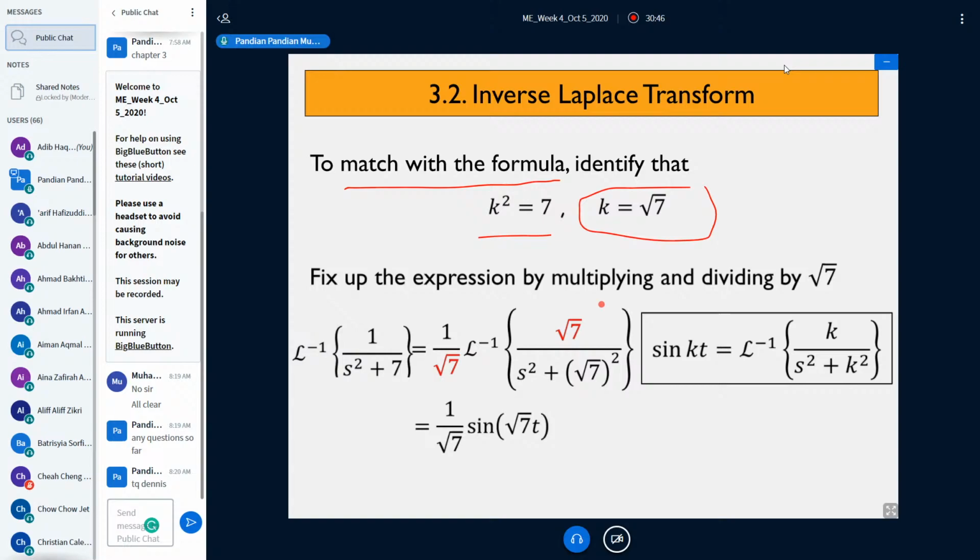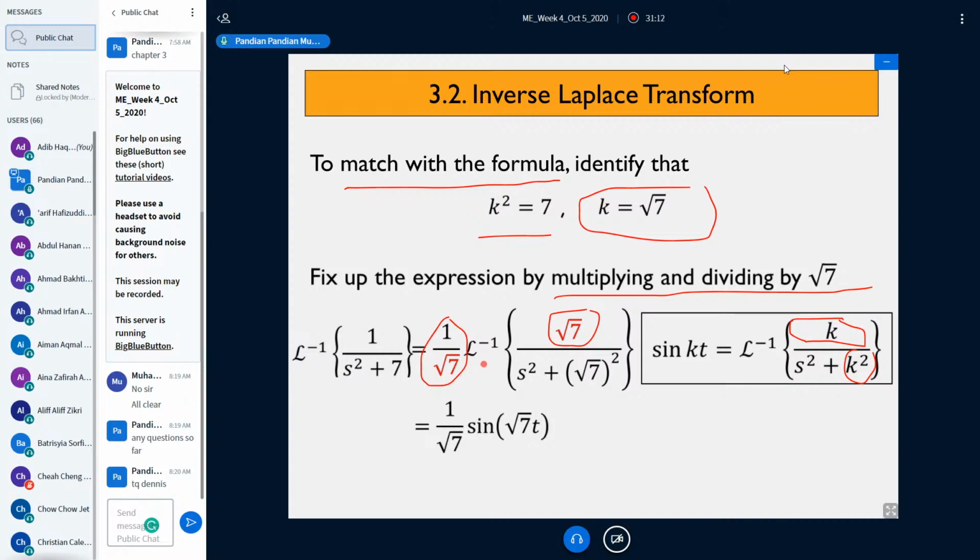So fix up the expression by multiplying and dividing by root 7. You must put root 7 here because of this formula: this is k, this is k squared. So you put root 7 here, and don't forget to divide by it, 1 over root 7. If you forget to put root 7 here, it is incorrect.